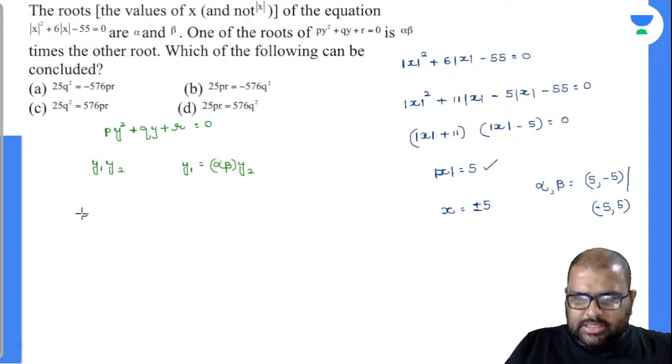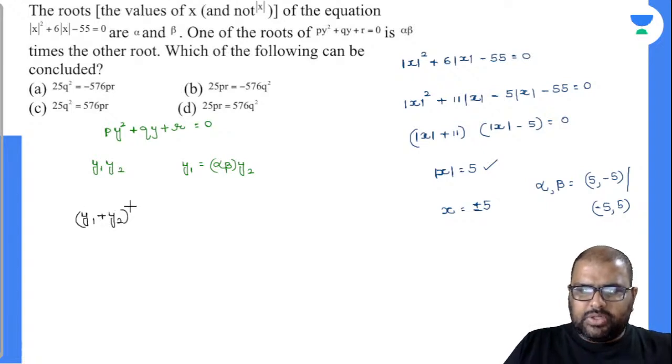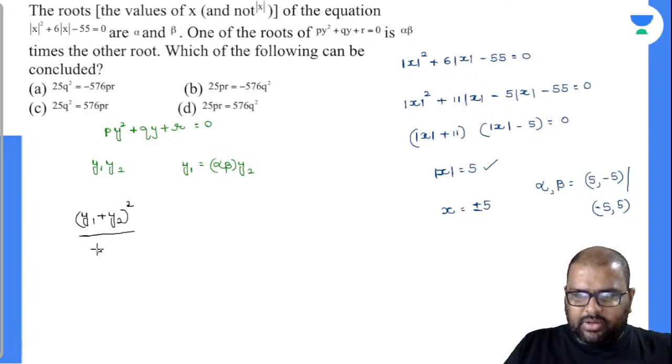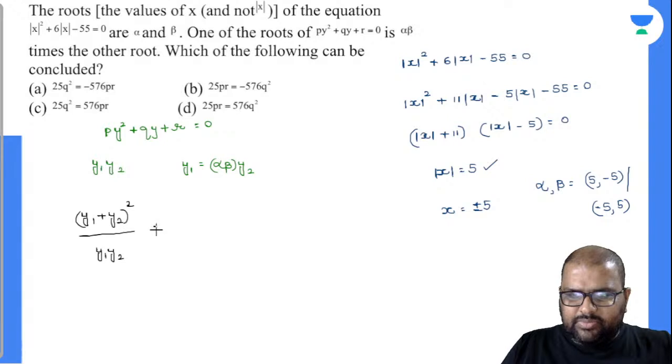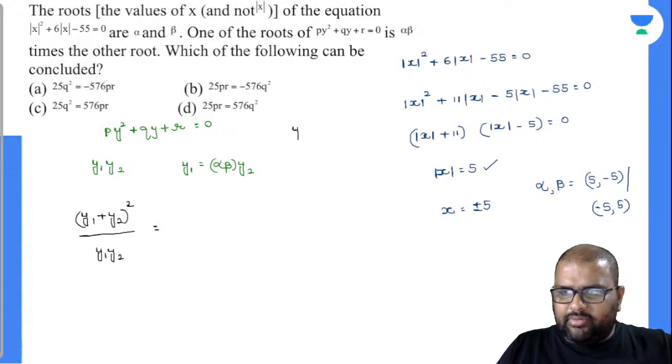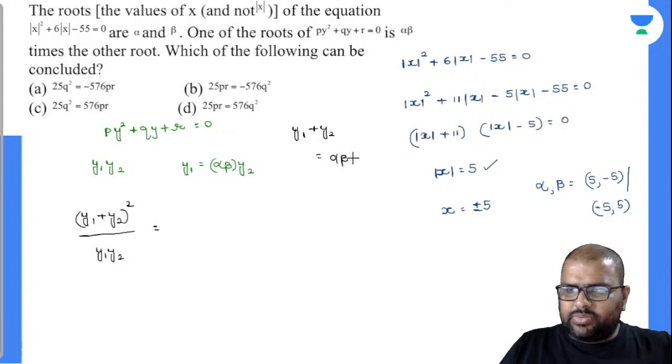So I'll write y1 plus y2 whole square, the sum of roots squared, divided by the product of roots y1 into y2. Why I am writing like this is that my aim is to match the option conditions. Now everybody knows y1 plus y2 is nothing but alpha into beta plus 1 into y2.